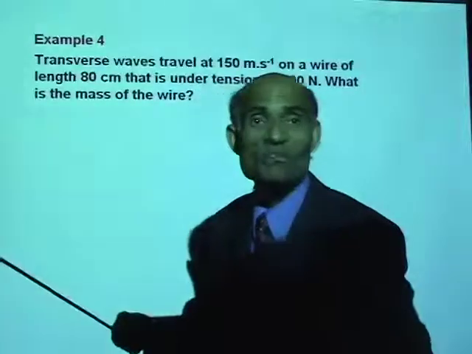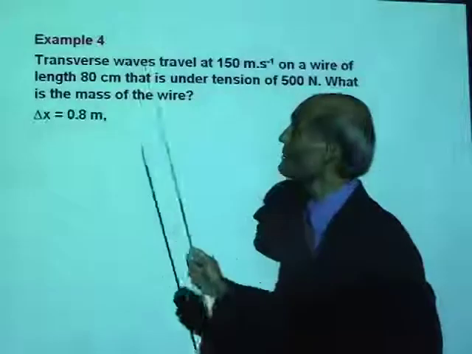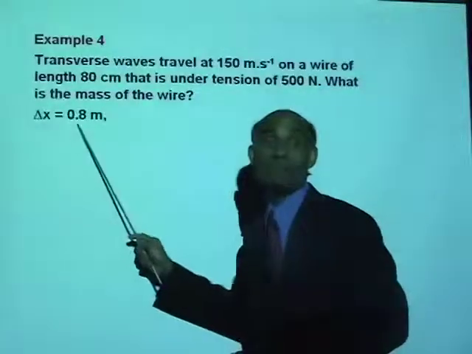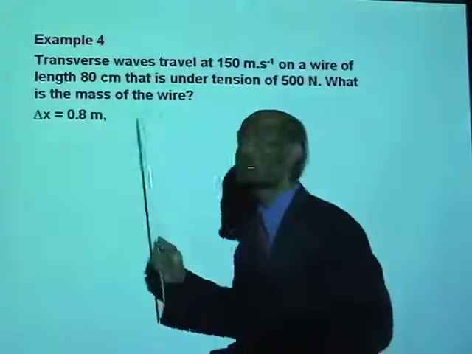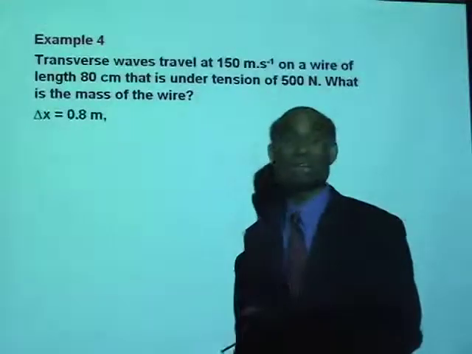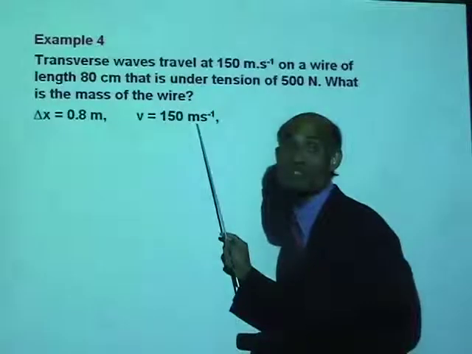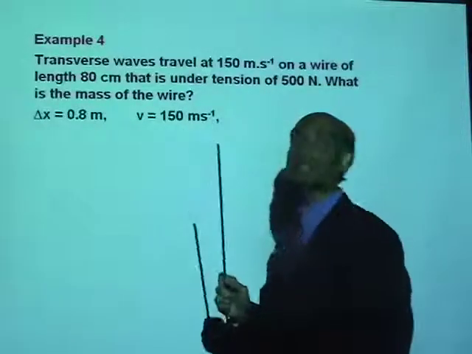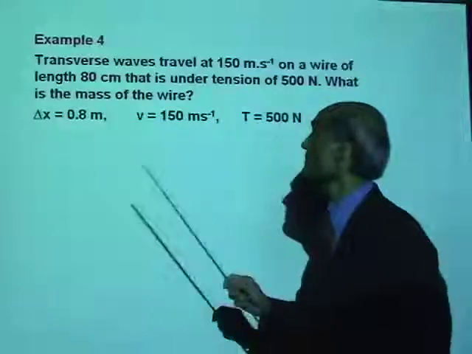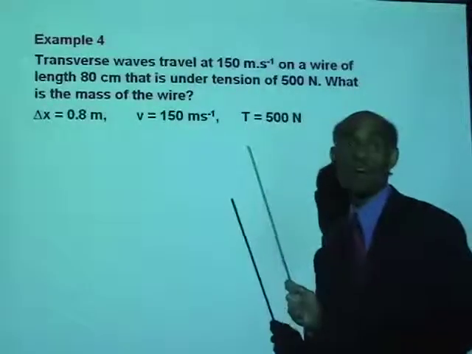That is the strategy for the problem. Alright, let's pick our data. The length of the string is 80 centimeter, that is 0.8 meter. The speed of transverse waves in that stretched string is 150 meter per second. The tension is 500 Newton.